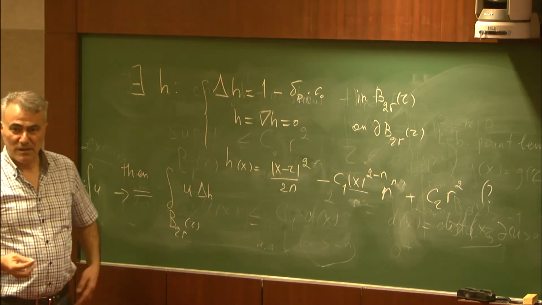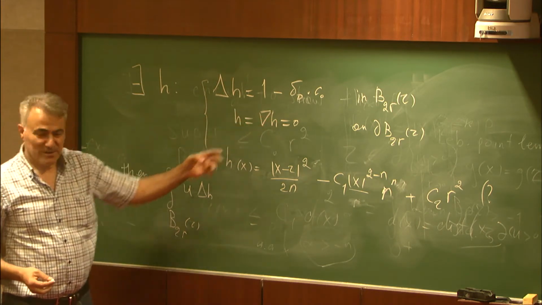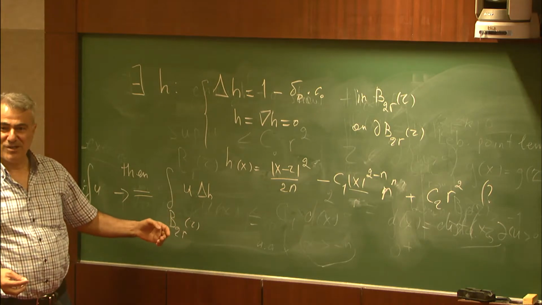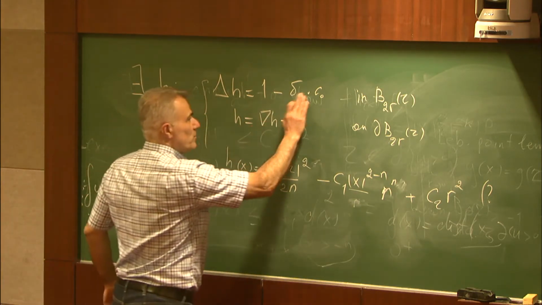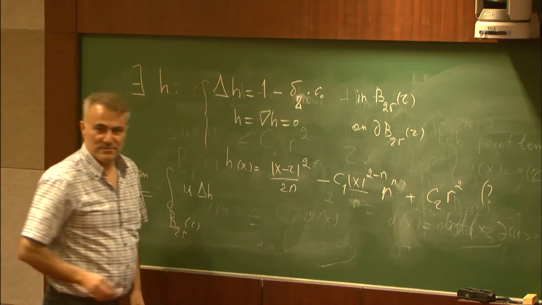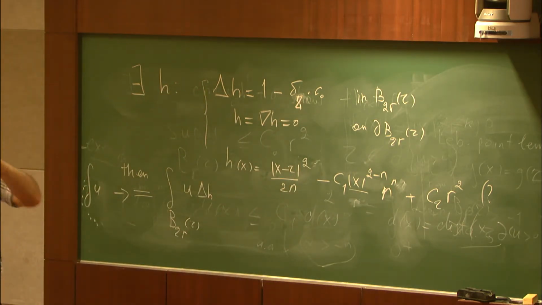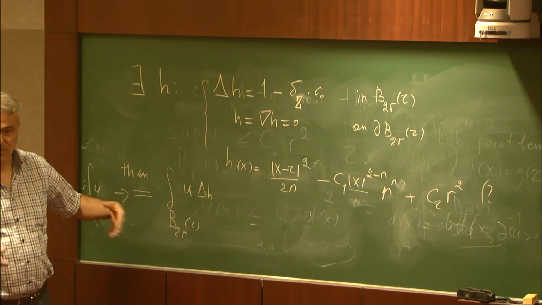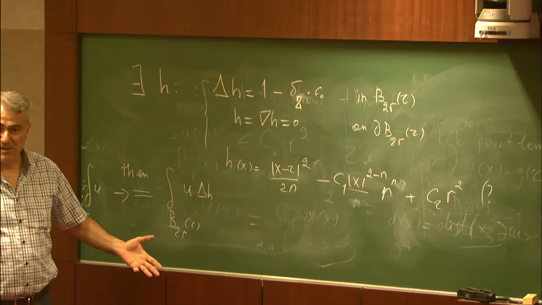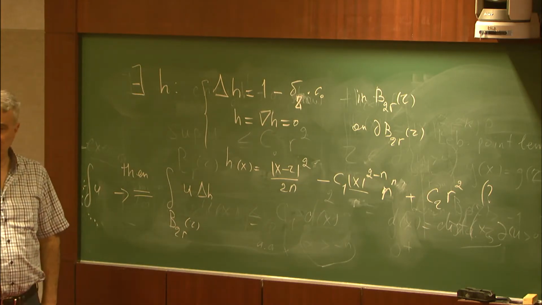It is 1. And then there's the Dirac mass. But the Dirac mass times the function u is 0, because I've chosen the center to be z. So Dirac mass at z times the function u, which at z is 0, is going to be 0. I can just write it like this.